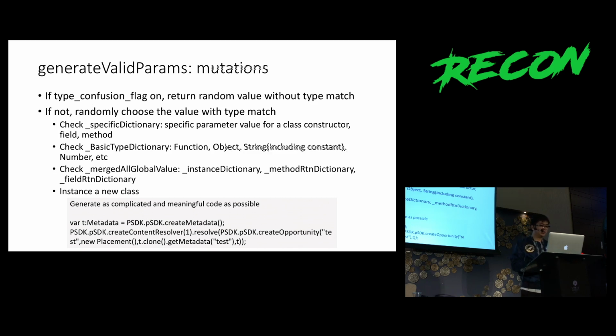We will check the specific dictionary, basic type dictionary, instance dictionary, method return dictionary, and field return dictionary. If all of the checks fail, we will generate the required type and instantiate a new class for the parameter. The objective of generating valid parameters is making the testing case complicated.